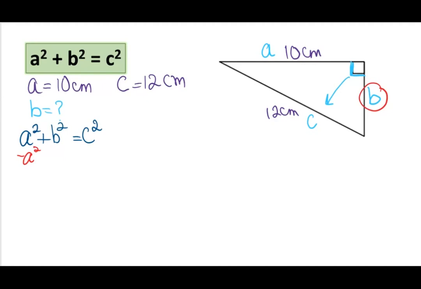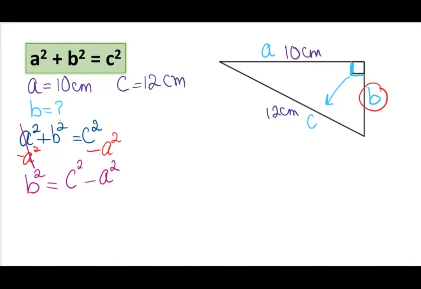What we do to one side, we do to the other side. We're going to subtract a squared from the other side as well. Now, plus a squared minus a squared, they cancel each other out. We are left with b squared equals c squared minus a squared.